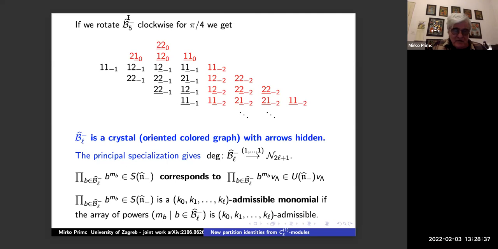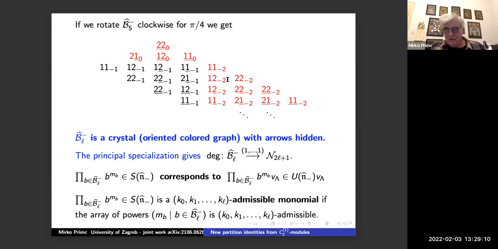Now we have these elements of the basis coming with powers n_b. So now we have a rule to see that it is a K-not-to-KL admissible monomial, if the corresponding array of powers, which will become frequencies, is K-not-to-KL admissible.